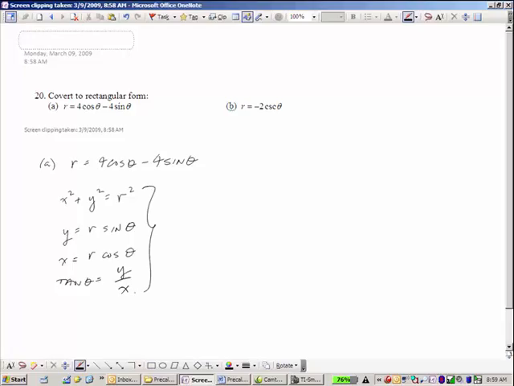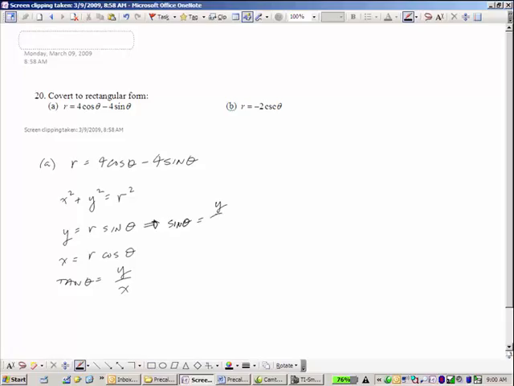So somehow I need to put this together and see if I can come up with something. This actually leads to an interesting conclusion. What's sine theta equal to?